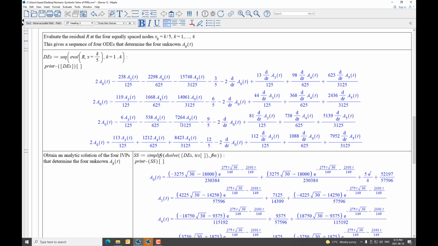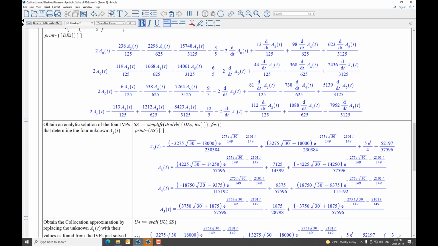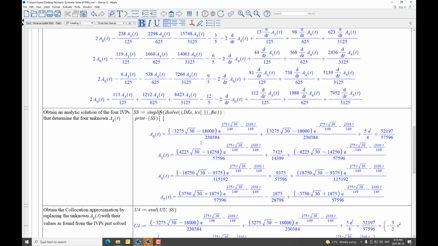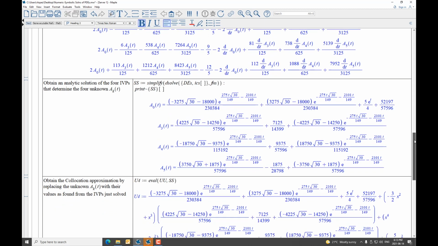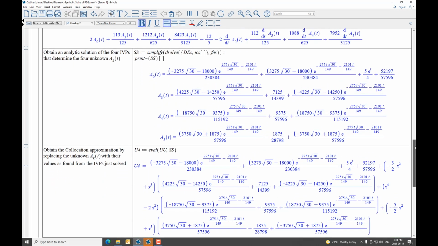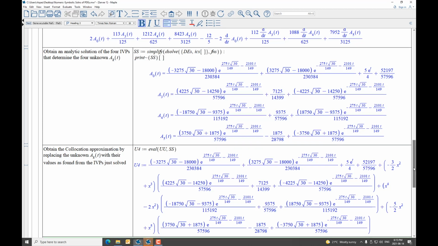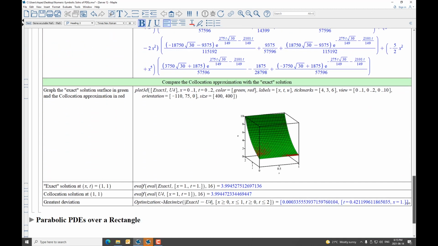Using the same initial conditions, we can get an exact solution to this set of 4 differential equations. And then we put those solutions into the template, and we have a representation of the approximate solution generated by collocation.